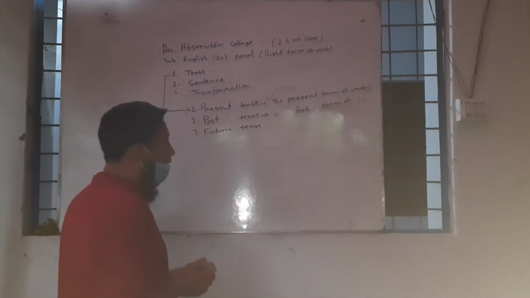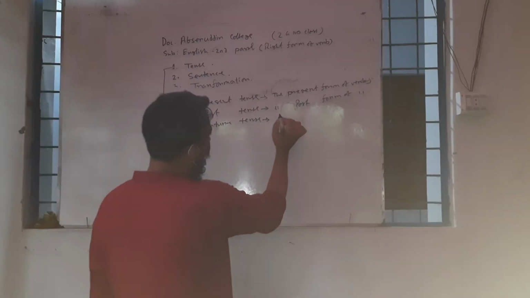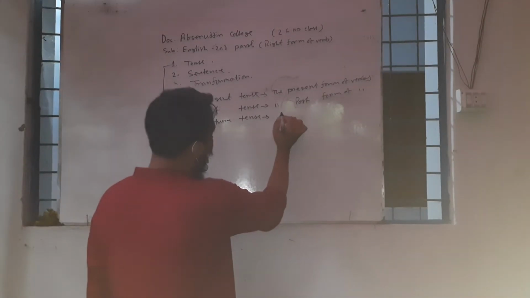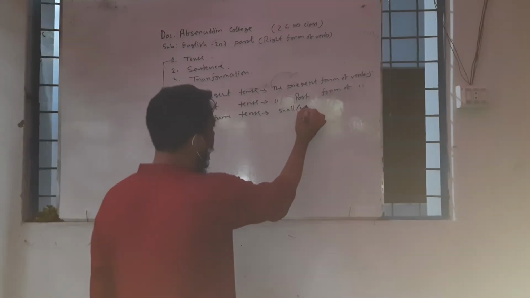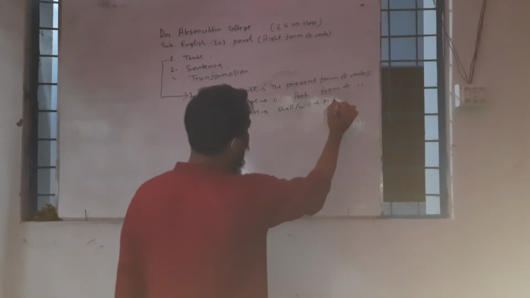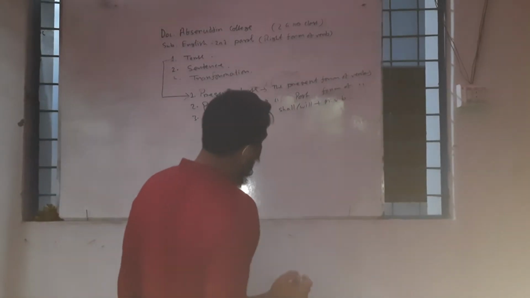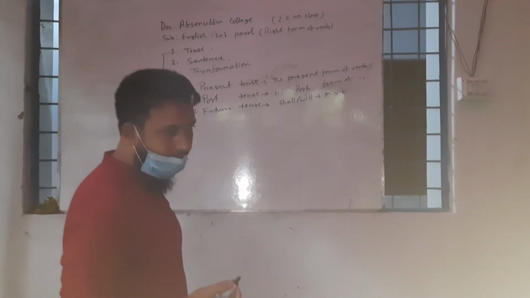And then if anyone asks you what is future tense, you have to tell that future tense must have shall and will with MVB. That means main verbal base form, or V1 form of verb.